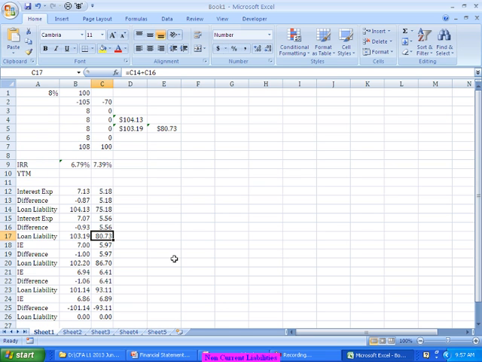Okay. This is where we talk about two types of bonds, or probably three types of bonds. We talk about a premium bond, we have a discount bond, and we have a par bond.